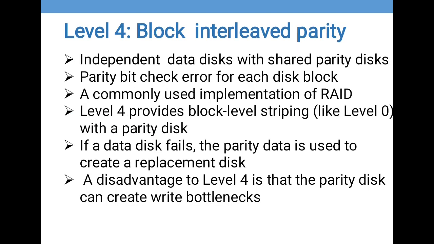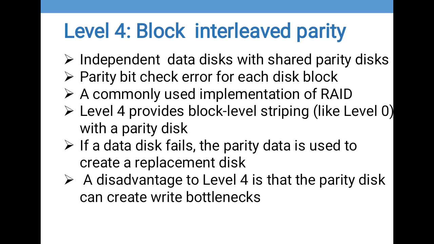And the next level is level 4, block interleaved parity. Independent data disks with a shared parity disk are used. Here, parity bit check error is placed in each disk block. Level 4 provides block level striping like level 0, but it has an extra bit called the parity bit in each disk.